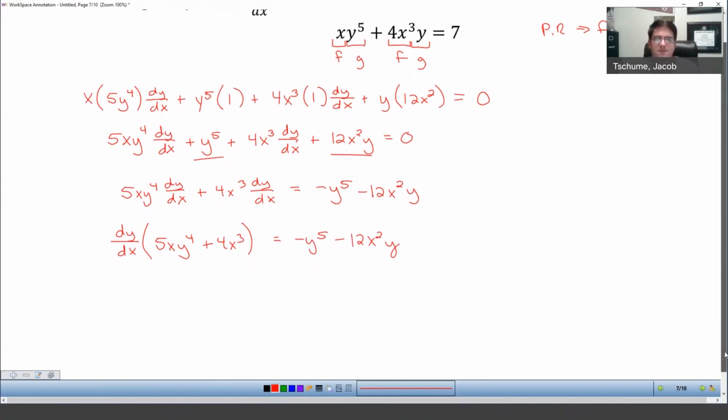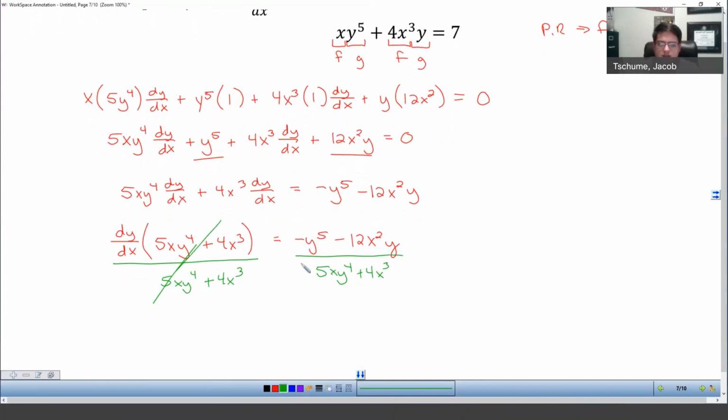And your last step here is to divide both sides by what's inside the parentheses. So I would divide both sides by 5xy to the 4th plus 4x cubed. If you take a look real quick, I know that this cancels. And looking at these four terms, it doesn't look like there's anything in common.